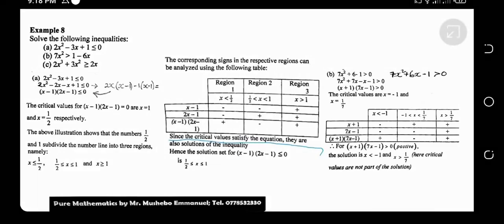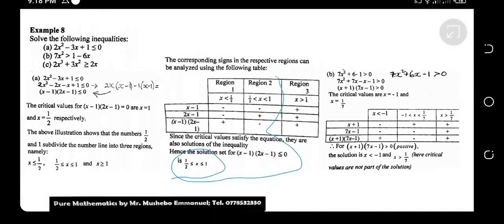Hence the solution set for the overall inequality (x - 1)(2x - 1) less than or equal to 0, the correct range of x values, is in this second region. Why? Because the overall sign here is negative, and remember this inequality is saying less than or equal to 0, so meaning either 0 or less than 0, so it has to be negative.